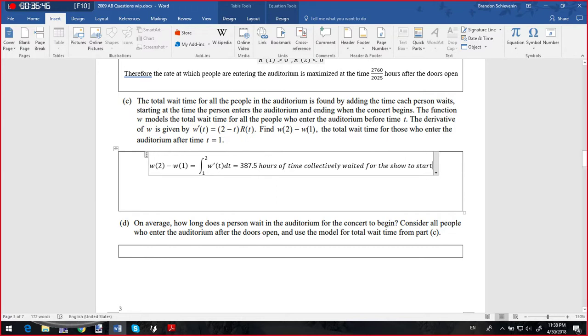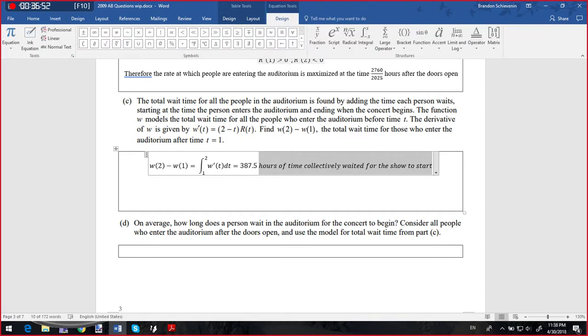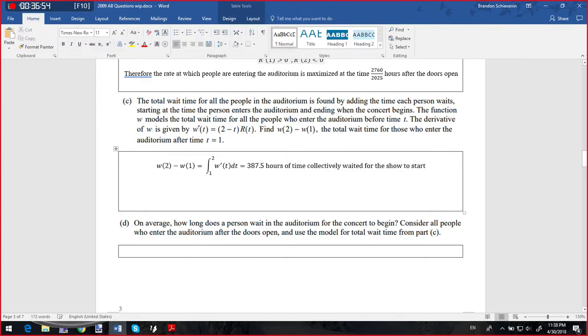So I'm going to write it like that. There were 387.5 hours of time collectively waited for the show to start, even though every person really waited for less than an hour.